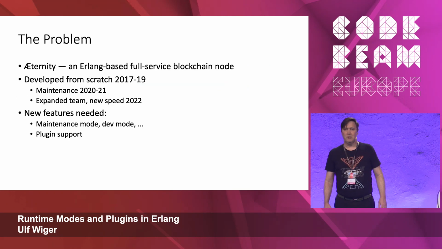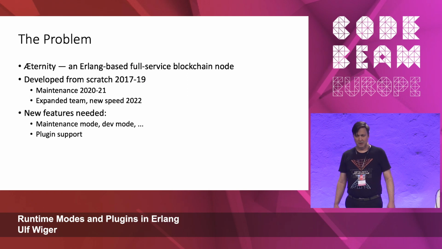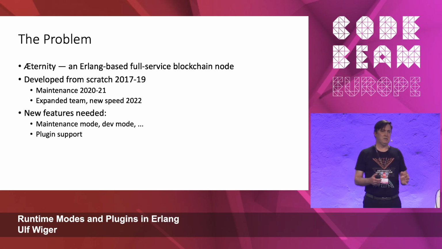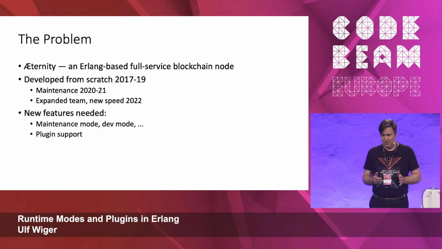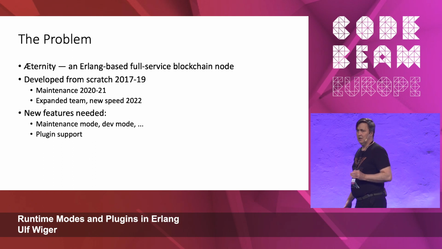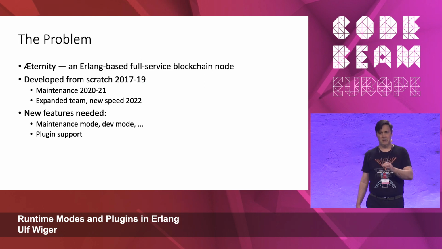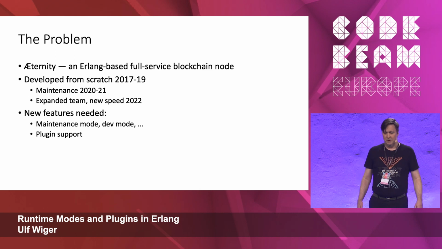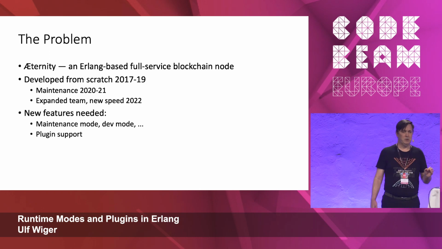So I work at the Aeternity blockchain core team, and that's an Erlang-based, fully featured blockchain node. We started developing that essentially from scratch in 2017, and we went live in 2019, and then we had a dip in terms of core team size when we went into maintenance during 2020 and 21.